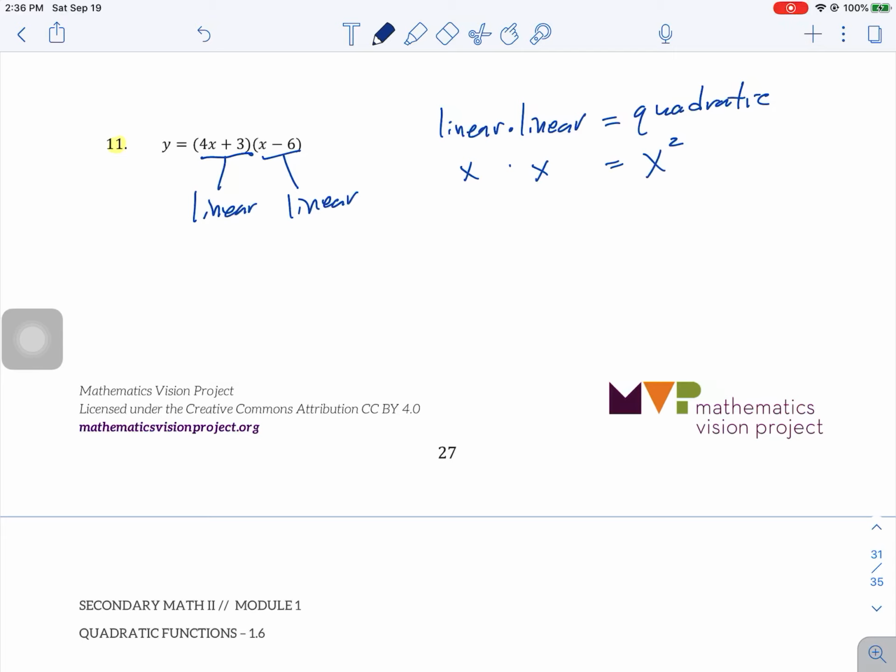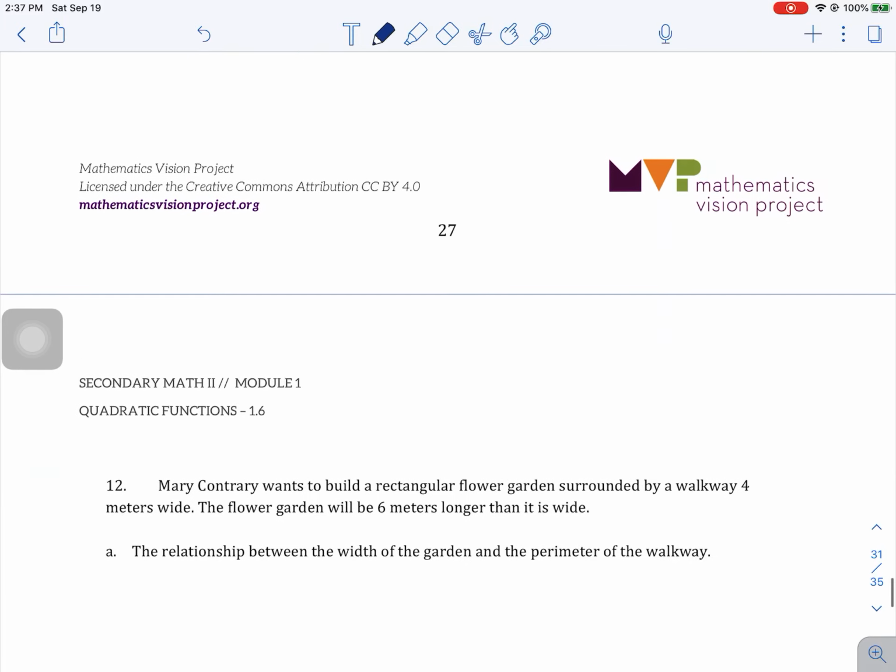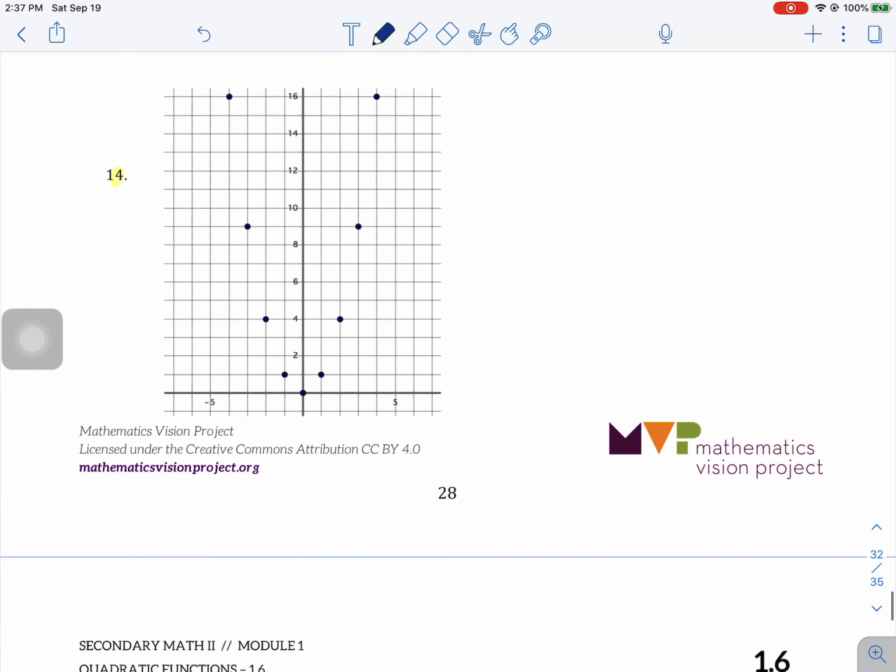The change you can represent with a linear representation. It's a quadratic relationship. Yep. All right, anything else?